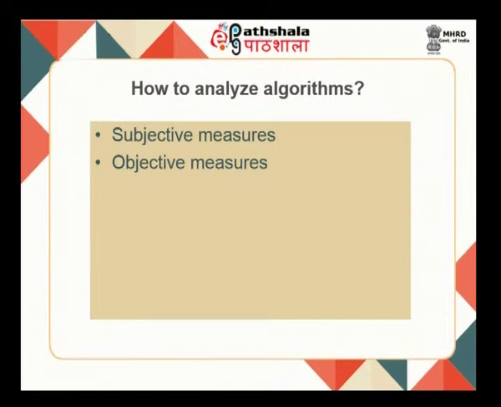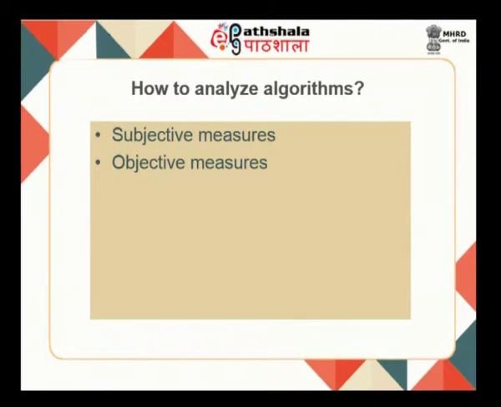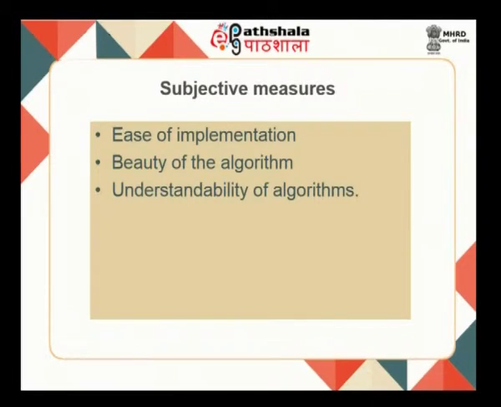For discussion's sake, we can categorize measures into two categories: subjective measures and objective measures. In subjective measures, we deal with factors like ease of implementation, the algorithmic beauty or aesthetics, and understandability of the algorithms as a measure for comparing algorithms.